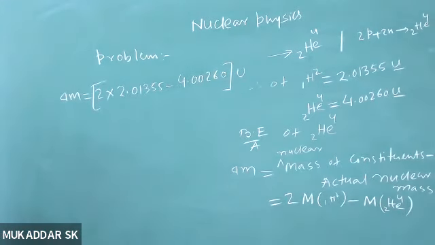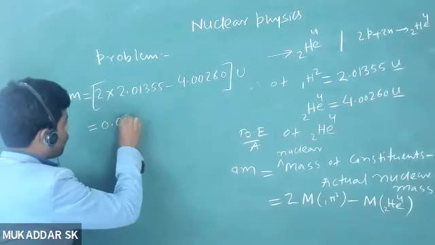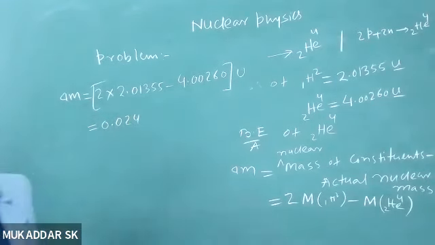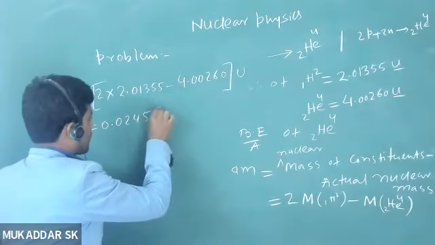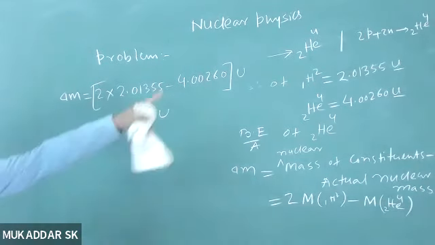Okay. To calculate this value, basically you will get 0.0245 atomic mass unit. Okay, you can check also. So this is the mass defect of helium 2,4.